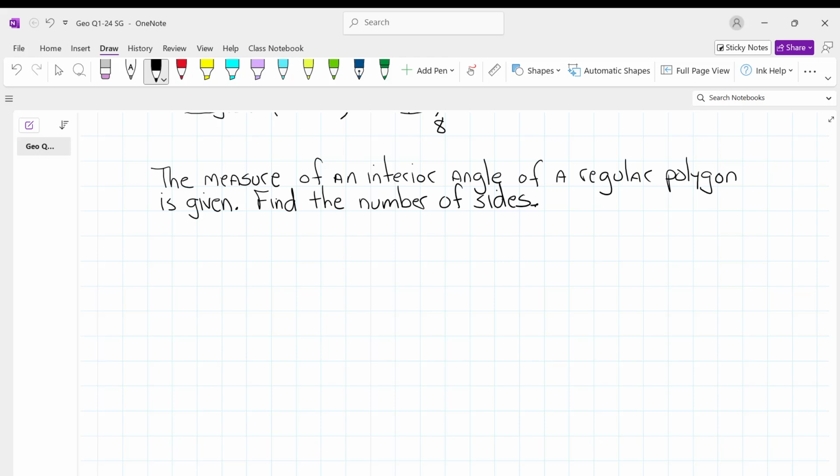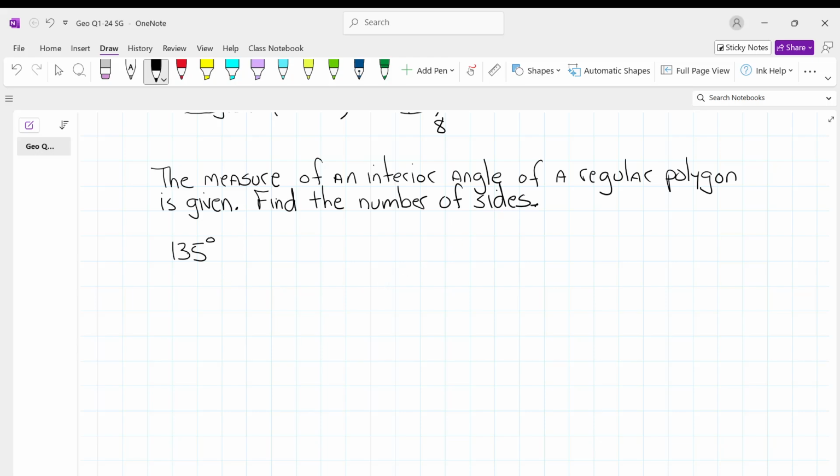All right, now here's the formula you're going to use. The measure of an interior angle of a regular polygon is given. So let's see what they give you. They give you 135 degrees. That's the measure of each angle in this polygon. We need to find the number of sides. So here's the formula that you use.